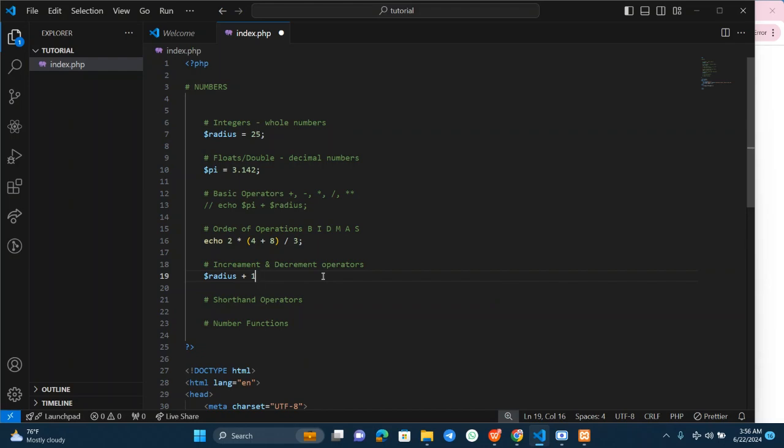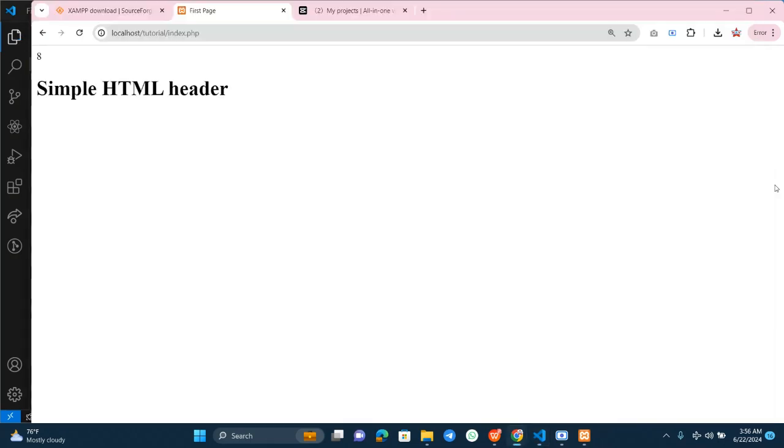Let me echo this out and see if it's going to work. Let me comment this one out also. So echo radius plus 1, what does it give me?